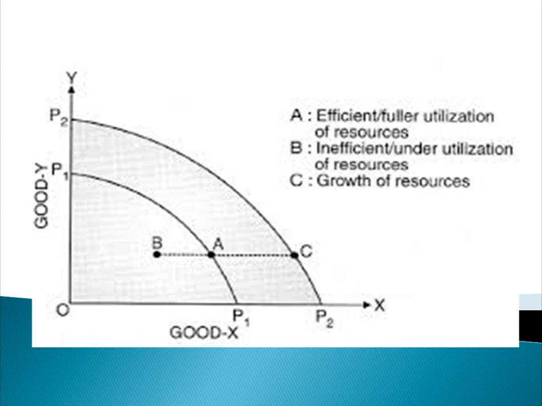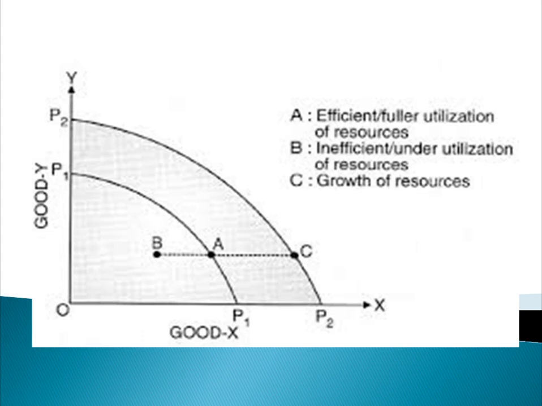But what if an economy is producing at point B, like the point is shifting inside the curve? It means there is insufficient utilization of resources. The resources are being underutilized. What can be the reasons for underutilization of resources? There can be so many reasons.